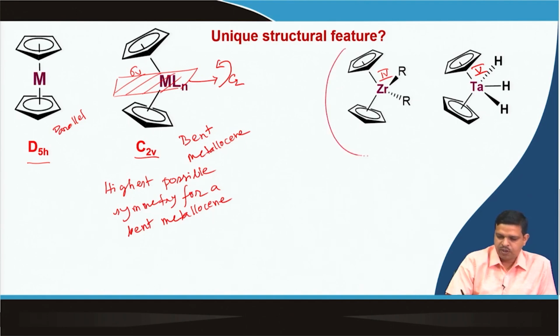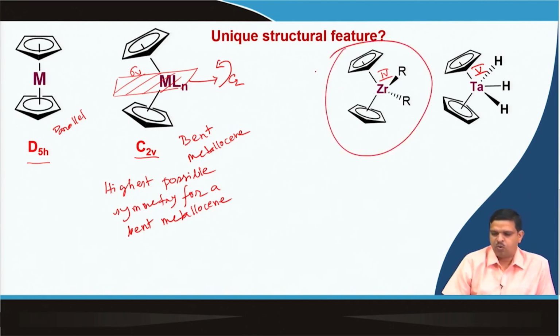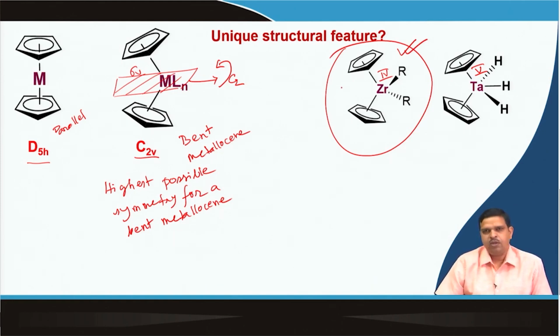Particularly, we are very interested to understand the MOs and electronic nature for the zirconium, that is the group 4 metallocene, because most of the metallocene catalysts for olefin polymerizations are actually based on this. But we have to design our catalyst to get the desired polymer with desired tacticity, that we will understand. So, let us discuss.